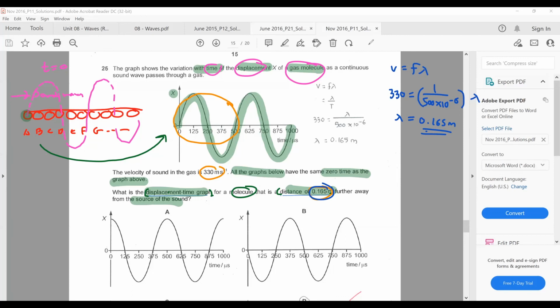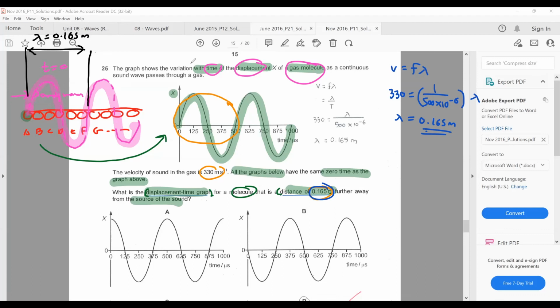If you look back at this portion of your graph, one lambda would be this one. This is my lambda, 0.165 meter.